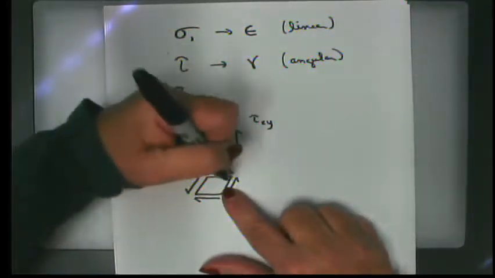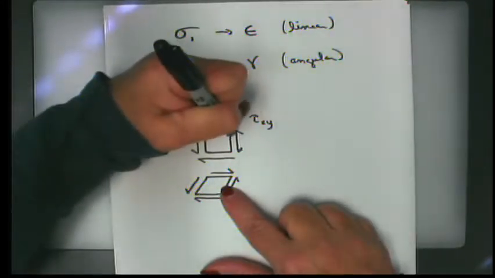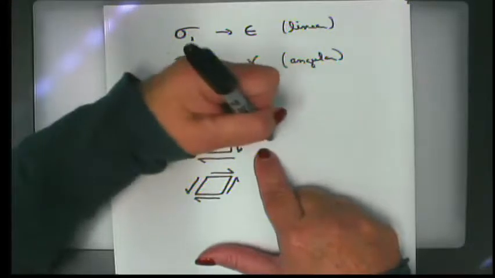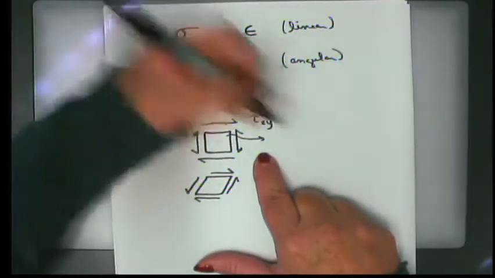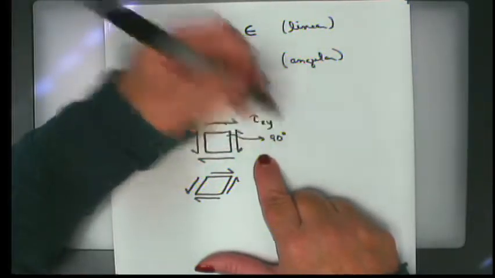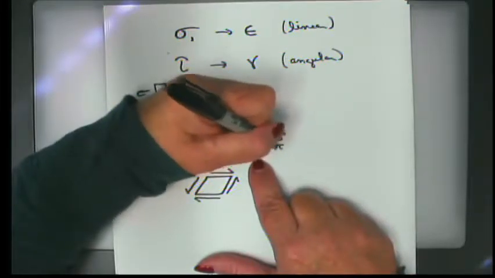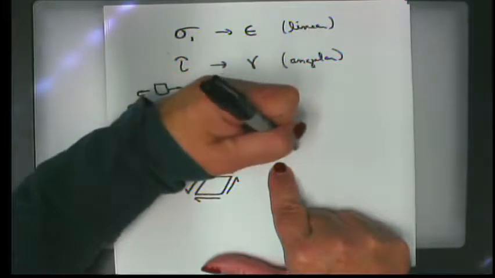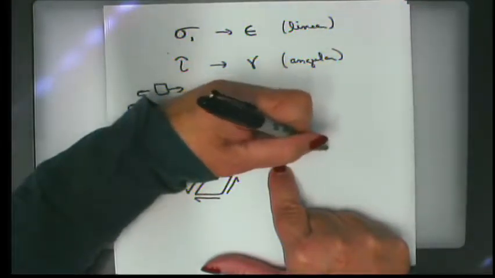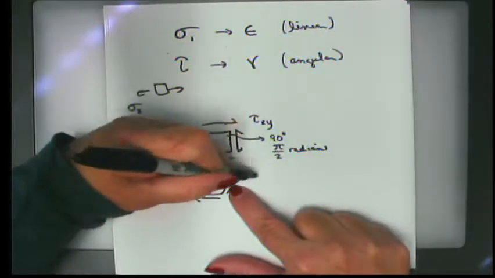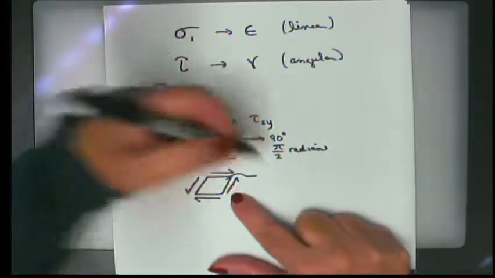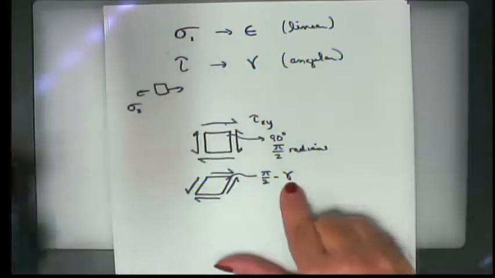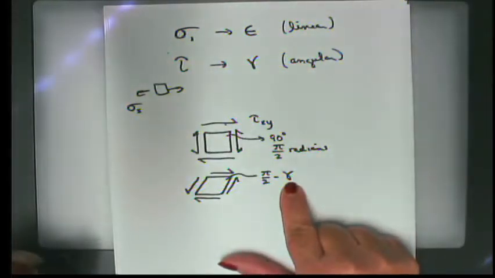And if this angle before, because we've defined it as a sort of a rectangle or even a square, this angle previously was either 90 degrees, or we would think of it as being pi over 2 in radians. Okay. The new angle here, this is smaller than that. This is pi over 2 minus gamma, which is the change, right?